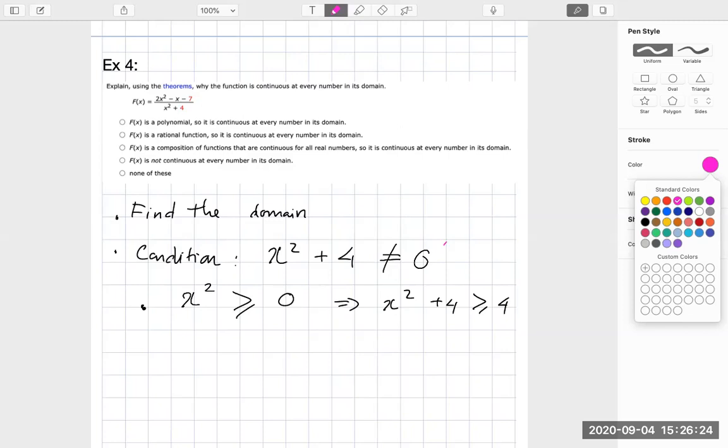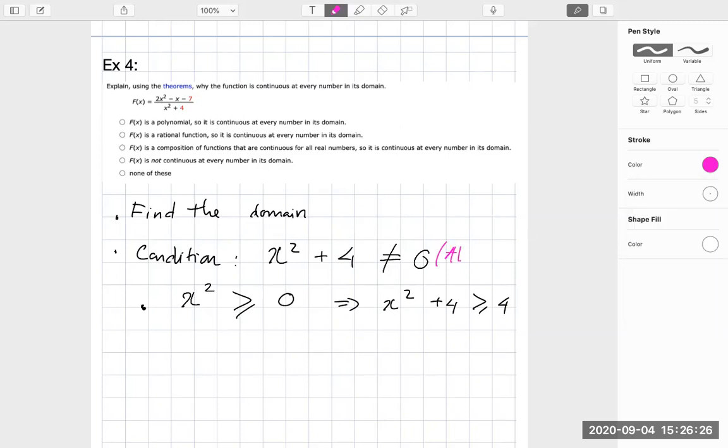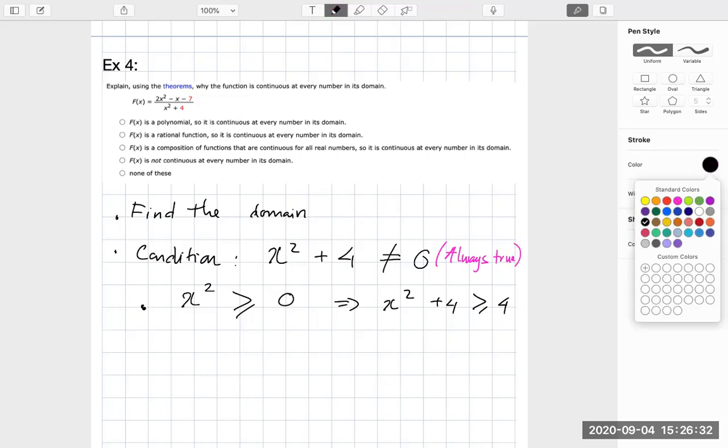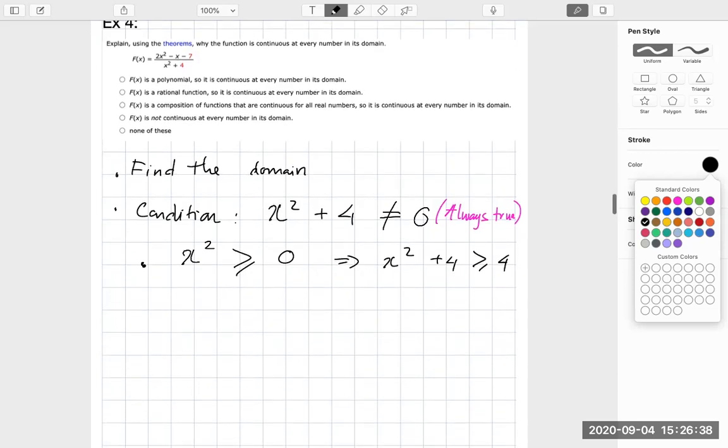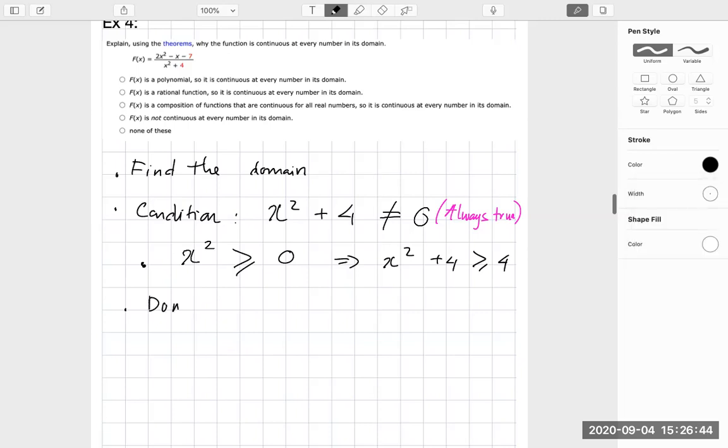So that is always true, right? Therefore, this rational function is continuous on R, or the domain of this is from negative infinity to infinity.